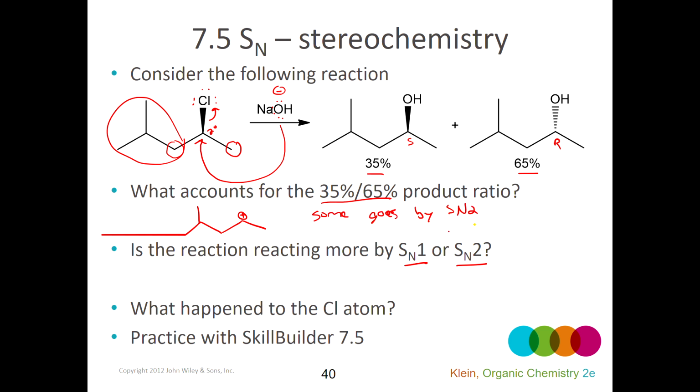SN2. If it goes by SN2, the nucleophile has to attack from the back side. So since the chlorine is pointing out at me, the OH would have to come in from behind, and I would only get the R enantiomer here.